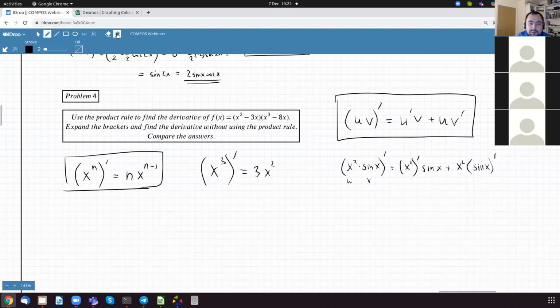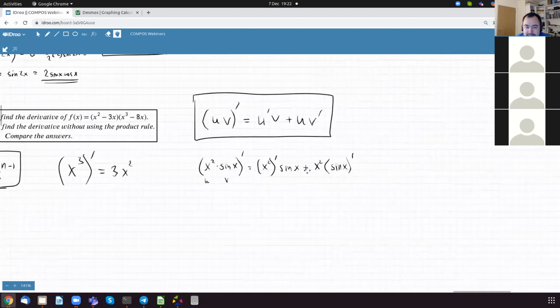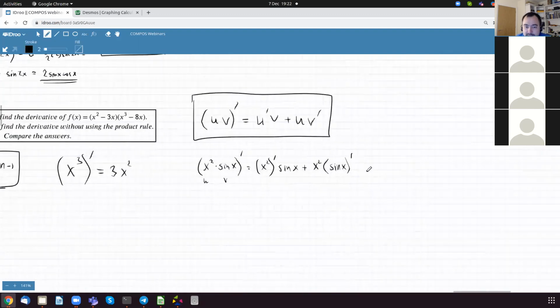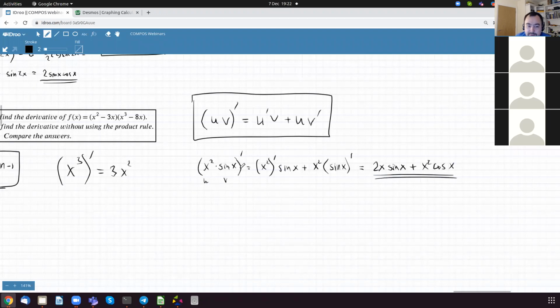So this is how you use the product rule. It's quite simple, quite straightforward. There's nothing extraordinary here. Then you find the derivative of x squared. It's going to be 2x sine x plus x squared times the derivative of sine. The derivative of sine, as we have learned, is cosine. So x squared cosine x. This is how you use the product rule. So the derivative of this is this.